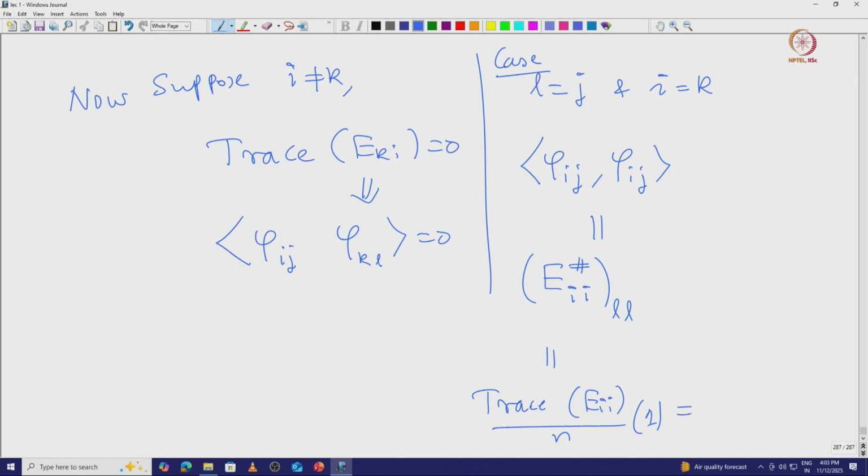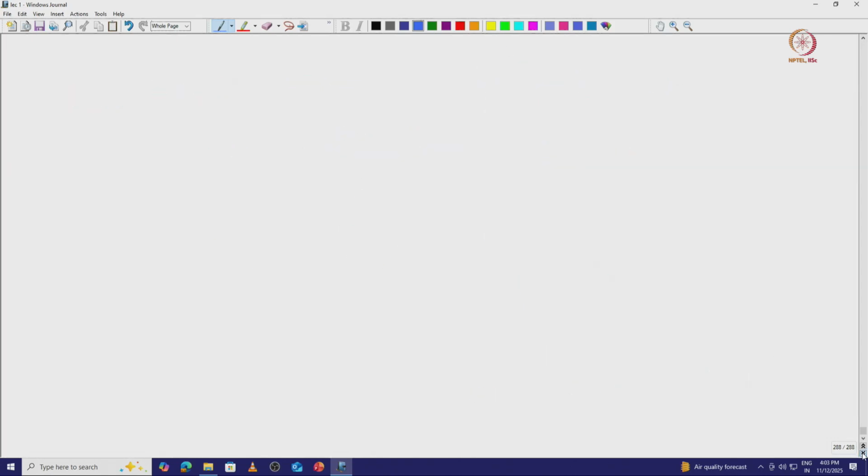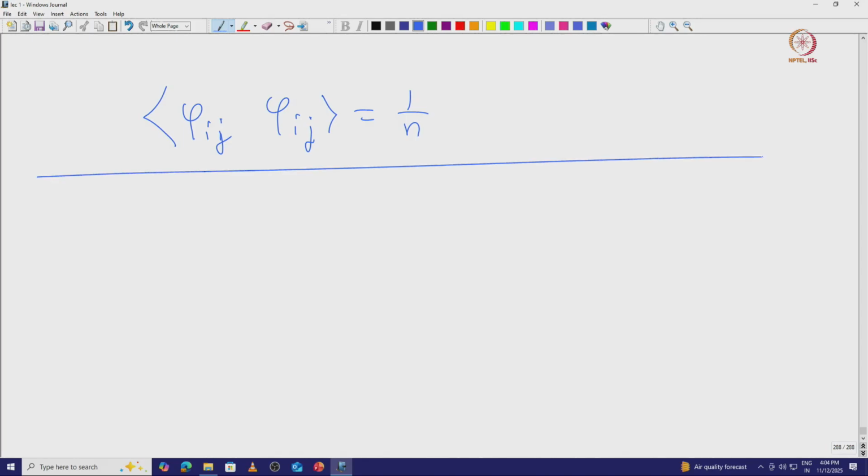Then this gives the trace of E_ii divided by n, but the trace of E_ii is 1. So this gives us 1 by n. That means the inner product of phi_ij with itself is exactly 1 by n, and that proves Schur's orthogonality relations.